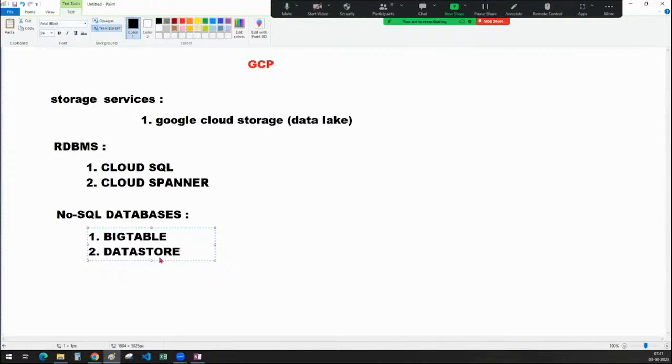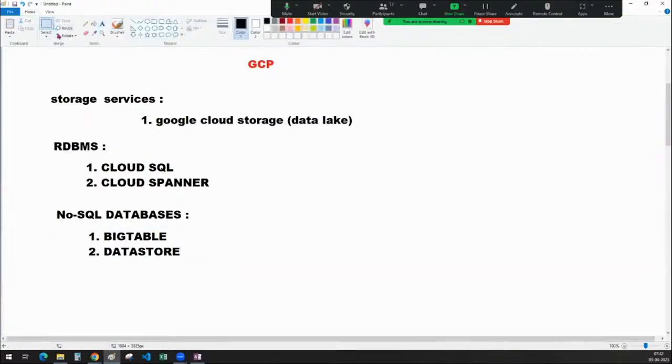So these are the two databases acting as NoSQL databases in the GCP. One is Bigtable, one more is Datastore, guys. So these are all storage and database services. One is Google Cloud Storage, one more is Cloud SQL and Cloud Spanner, and the third one is Bigtable and Datastore. So these are the Google Cloud Storage and database services.